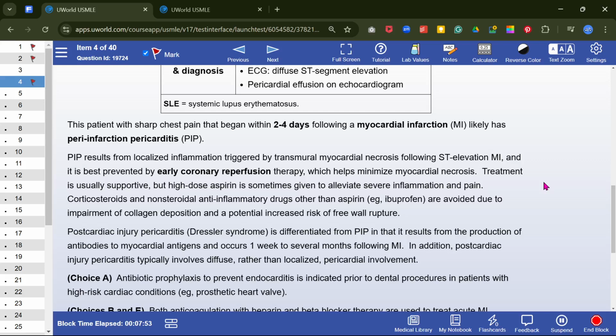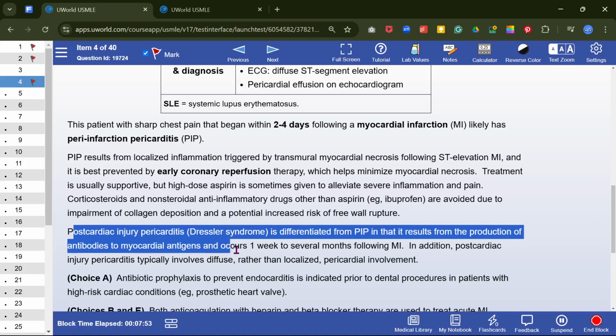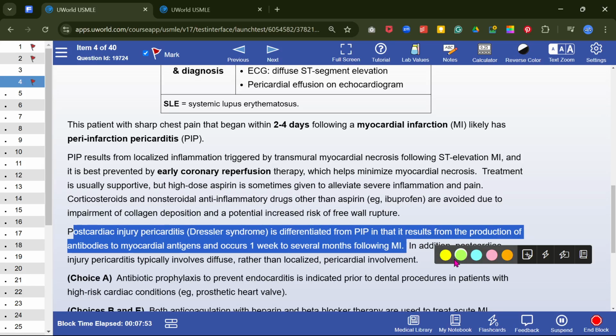In addition, post-cardiac injury pericarditis typically involves diffuse rather than localized pericardial involvement.